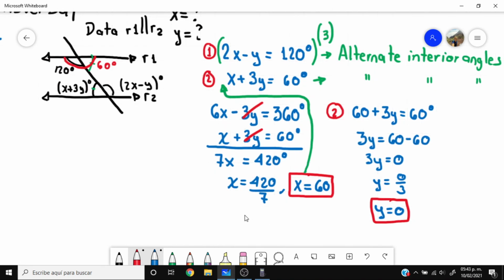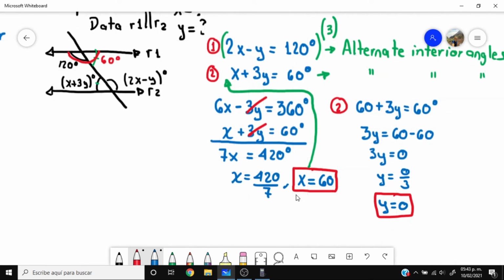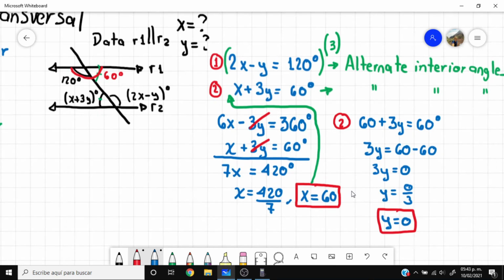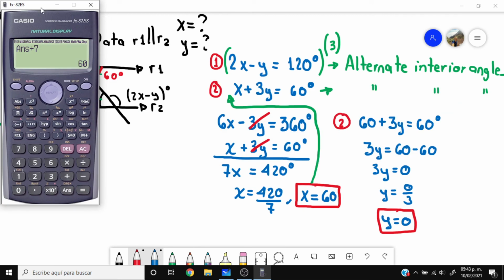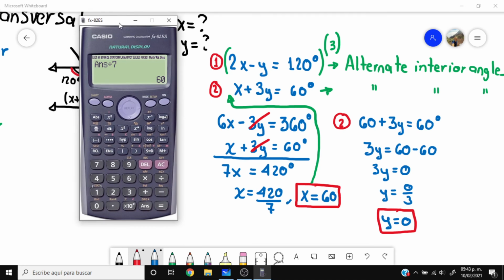Okay, so if you want to test that you did it correctly, you just substitute the results. For example, let's substitute the value in the first equation. That would be 2 times 60 minus the value of y, that is 0. I must have 120. Okay, and then 60 plus 3 times 0 must be 60.